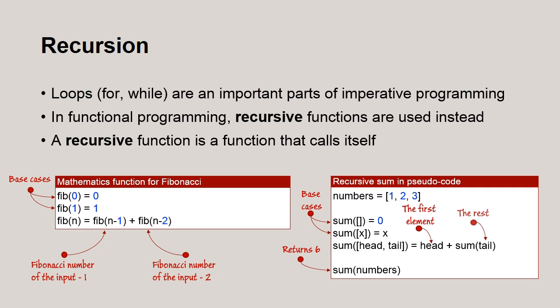Calling sum of 1, 2, 3 expands to 1 plus sum 2, 3, which expands out to 1 plus 2 plus sum 3. The base case says that when there's just one value, it should be returned. So the full expression is 1 plus 2 plus 3, which gives you 6, just as expected.